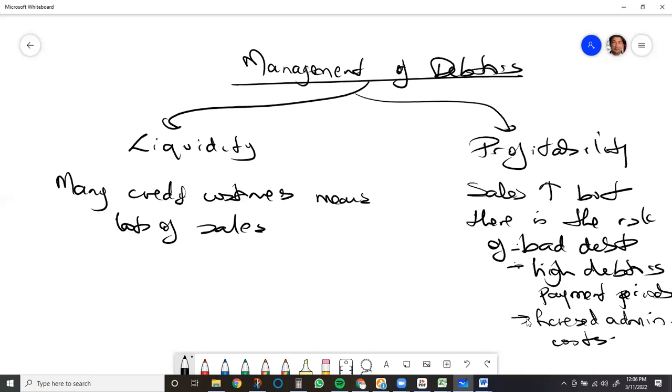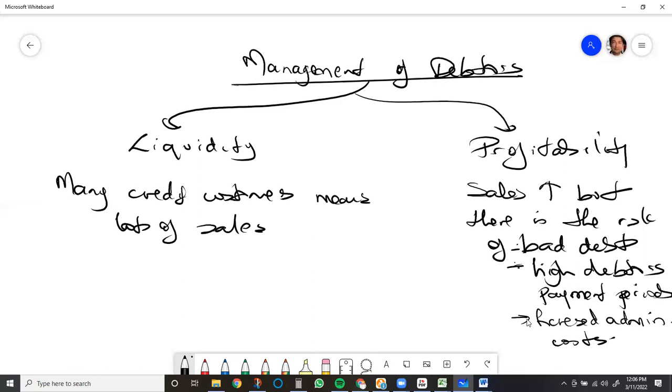So many credit customers means increase in the debtors balance on the balance sheet, but although that should see itself in an increased revenue, sales revenue, which would mean profit should go up, then there's always this other side to it: risk of bad debts, high debtors payment periods.